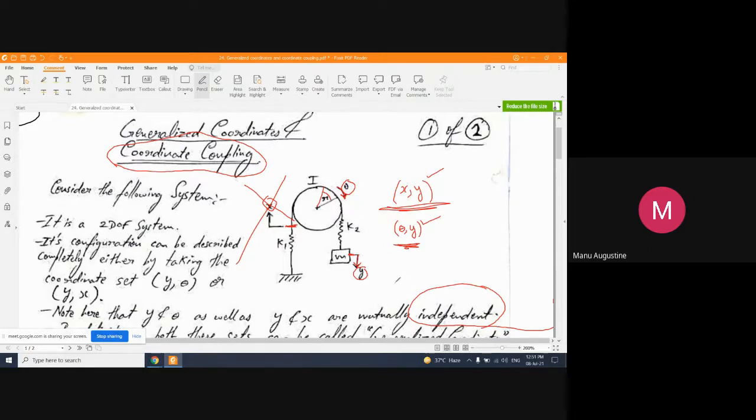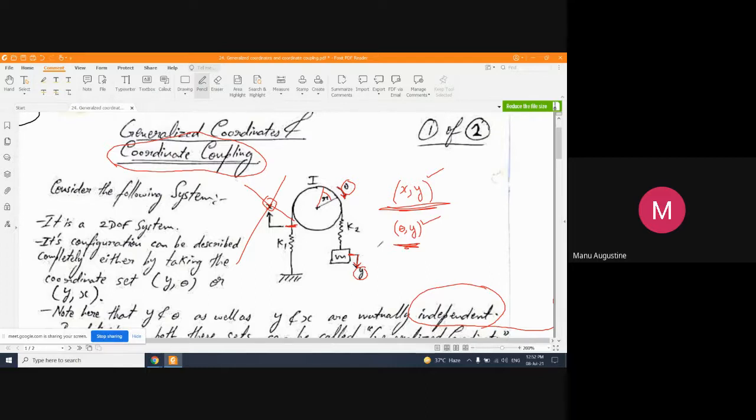A variable would be called dependent on another variable only if every single instance of time you produce a displacement in the first variable, it will necessarily and compulsorily produce a displacement in the second coordinate also. Only in that case you will claim that the coordinates are mutually dependent. Mutual independence is claimed by a shady notion.